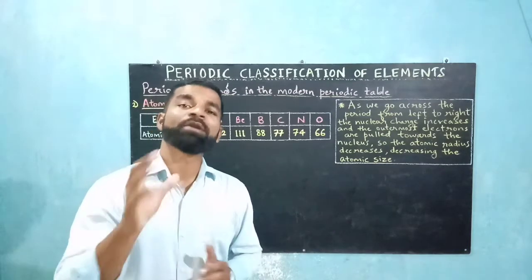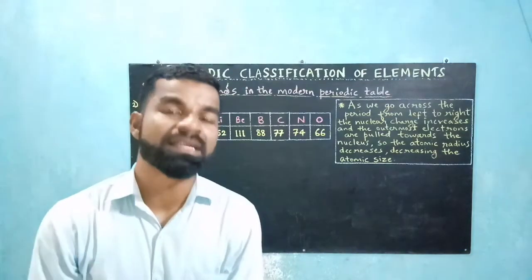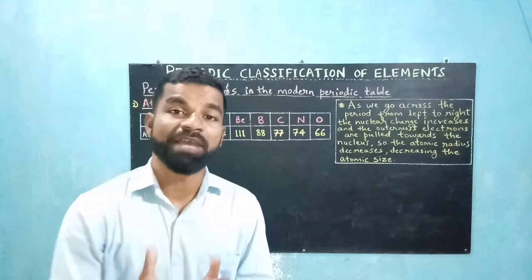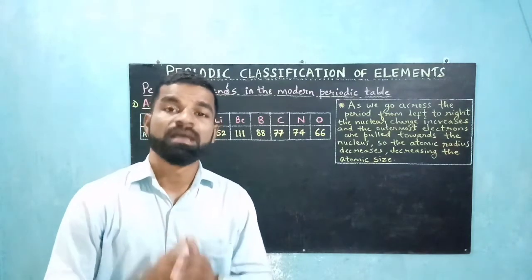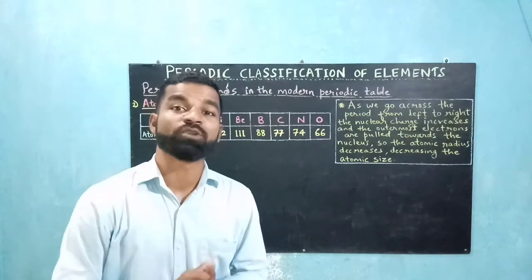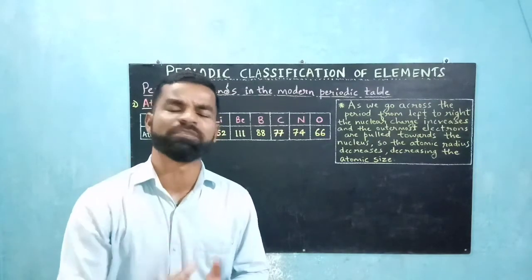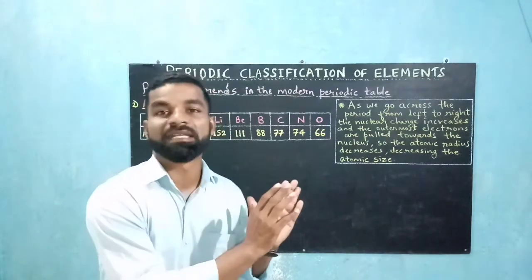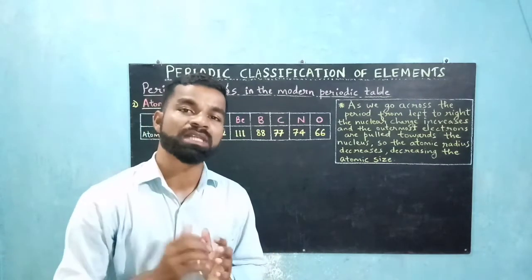Now when we talk about atomic radius, it is of several types like metallic radius, ionic radius, covalent radius, van der Waals radius. But as far as your syllabus is concerned, we are talking about the radius of an atom, which is the distance from the center of the nucleus to the outermost shell.